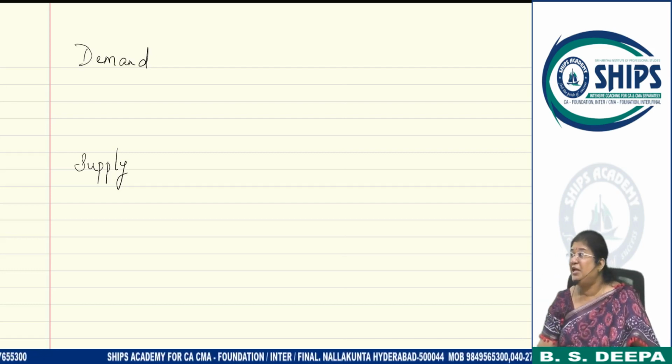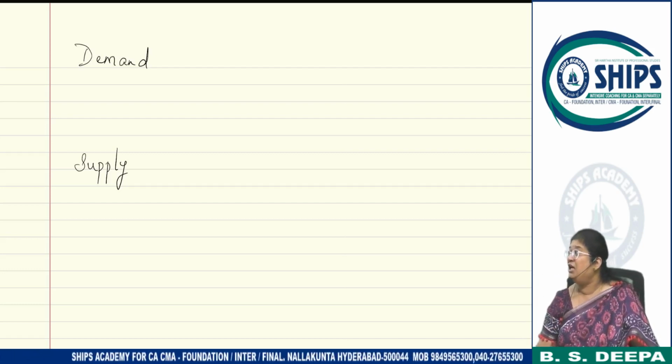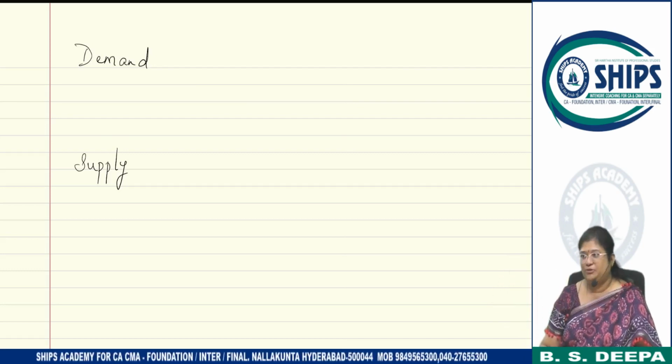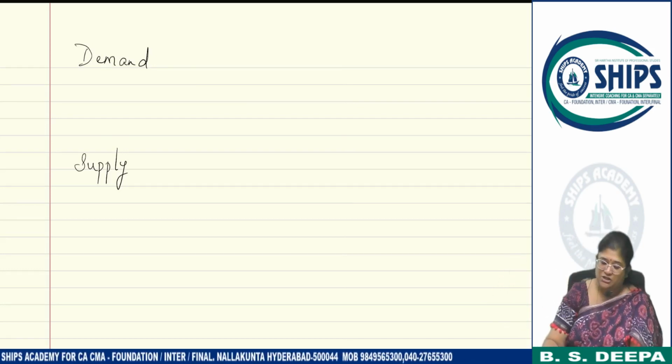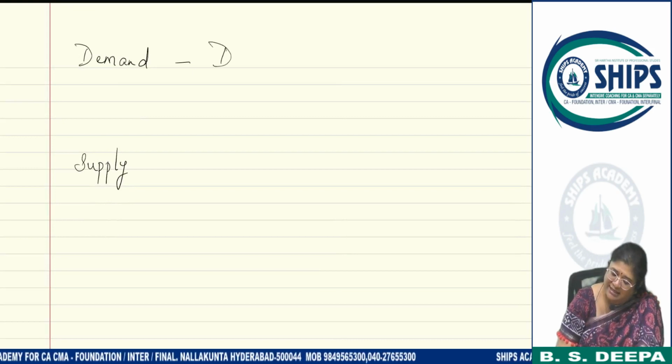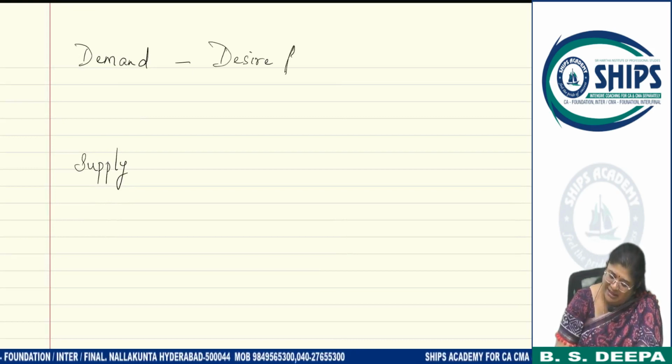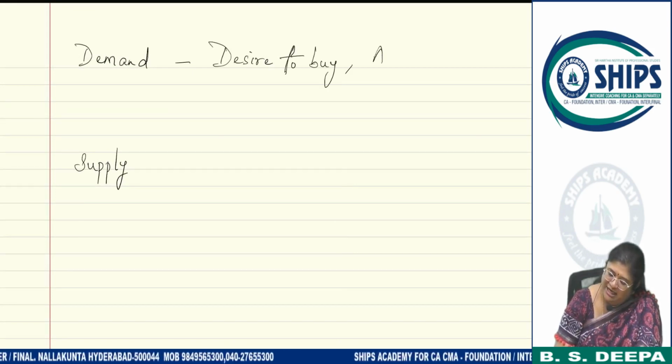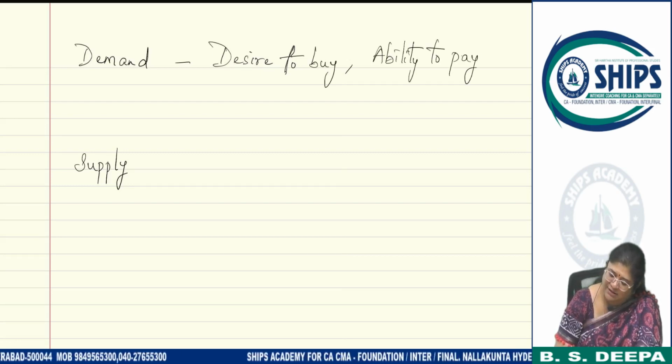So apart from the ability to pay, you also need to have the willingness to pay for the commodity. So demand is what? Desire to buy, then you should have the ability to pay, and then you should have the willingness to pay.